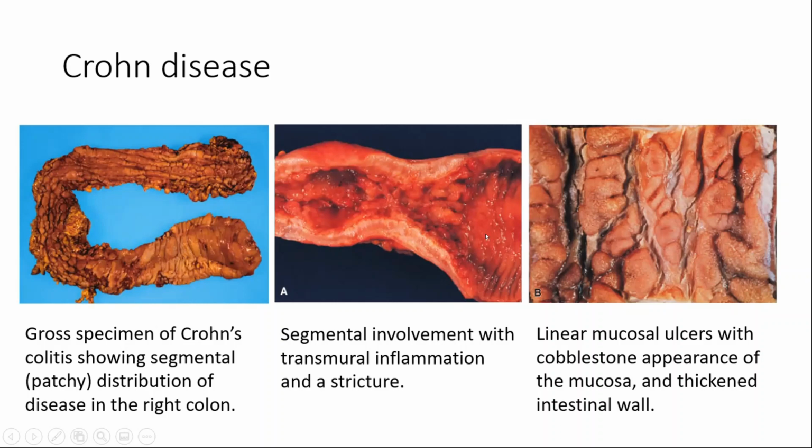So we can see this is normal, and the stricture, this is the inflamed segment. And in Crohn's disease, there is cobblestone appearance. Basically, how cobblestone is formed is because the diseased mucosa is depressed, leaving the normal mucosa to appear like a cobblestone like this. And because it is transmural, in Crohn's we can see this linear mucosal ulcer.